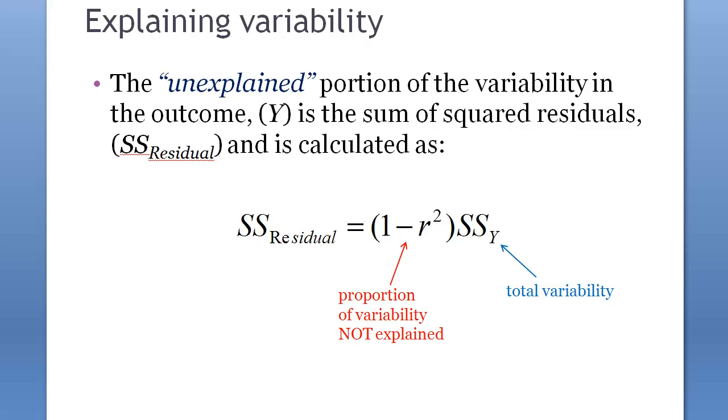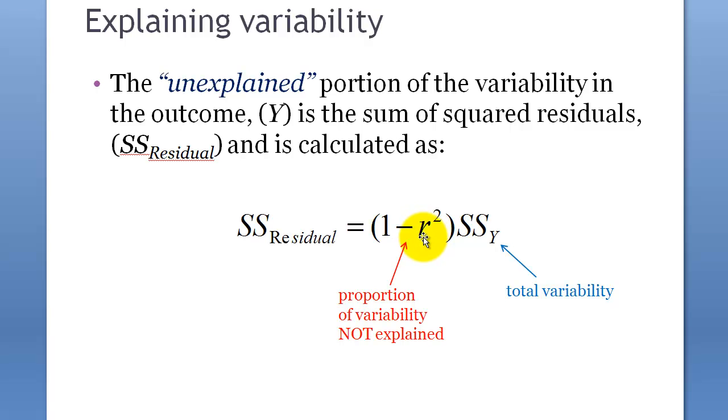Now, about the unexplained portion of the variability in the outcome. R square is a percentage, a ratio, so the number itself is the value out of a total of 1. So if you do 1 minus R square, it gives you the rest of the percentage.